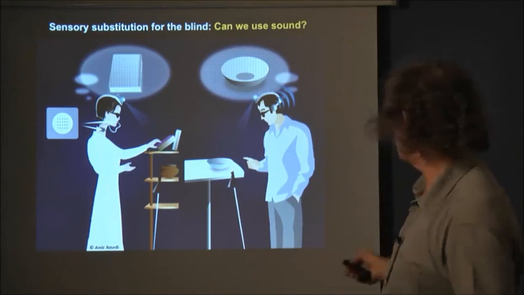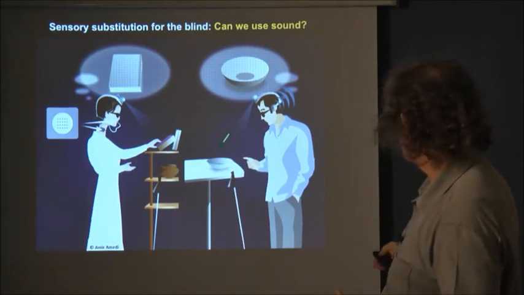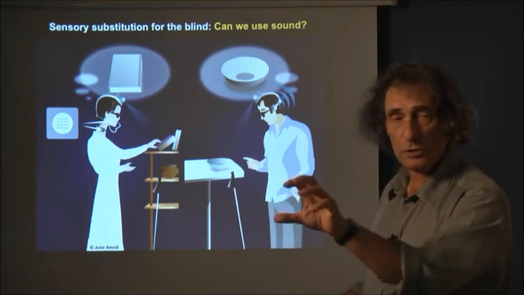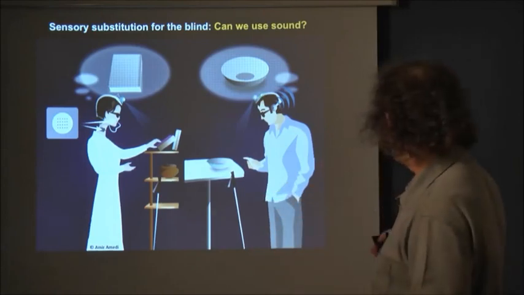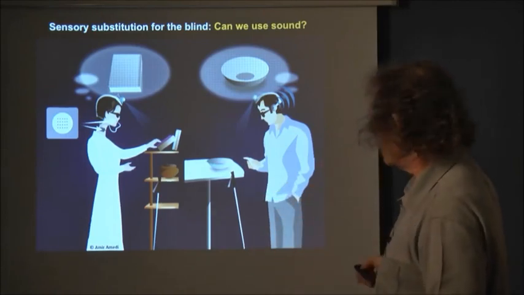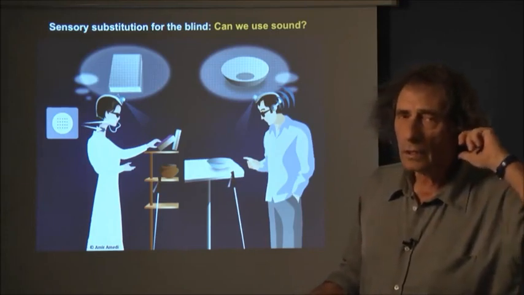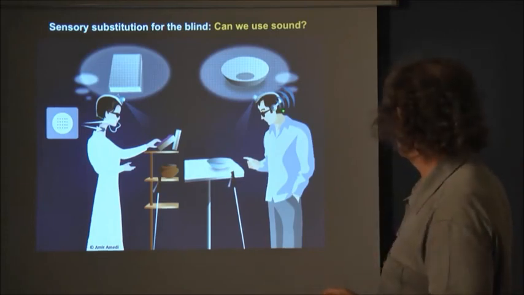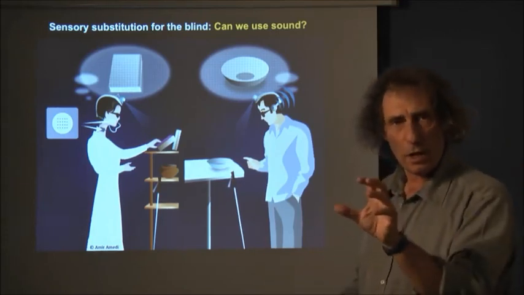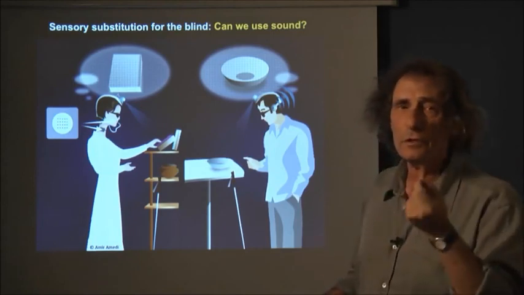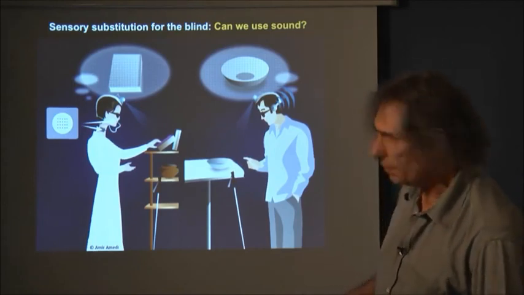So the idea here was to project into whatever you want to see a signal that will eventually come back to your ears, and for each aspect of the world there will be a different sound. So here is the idea.